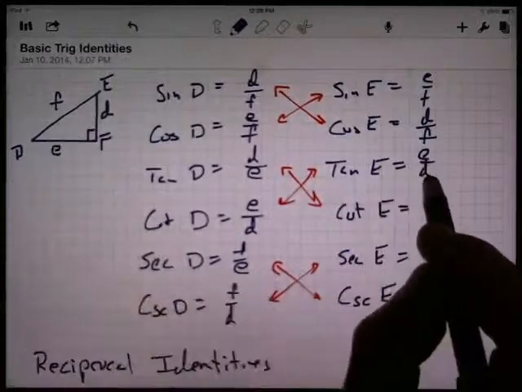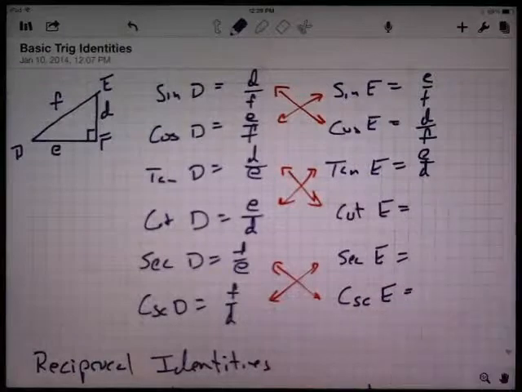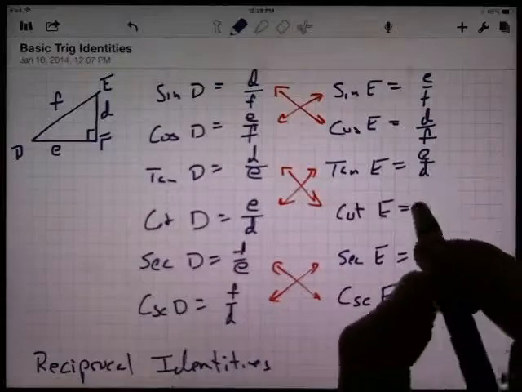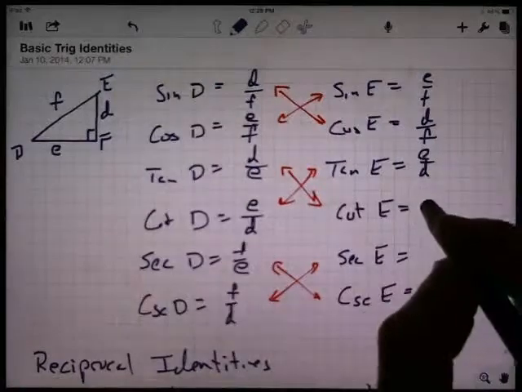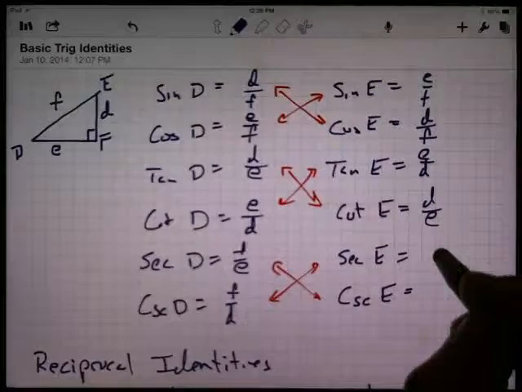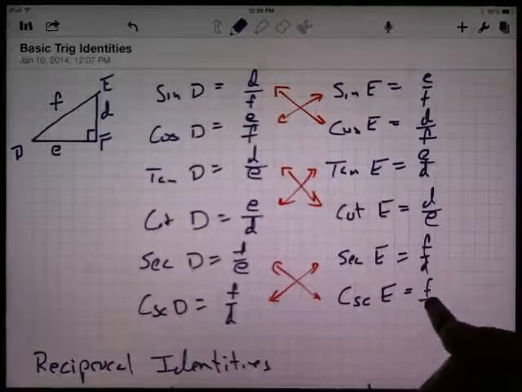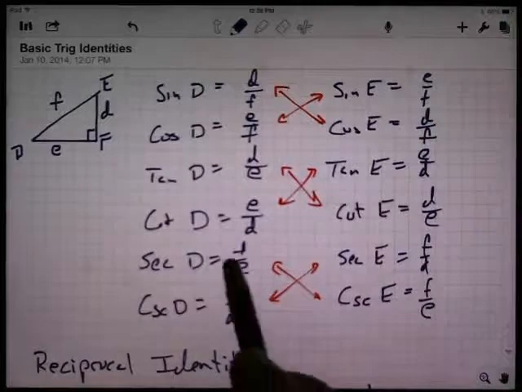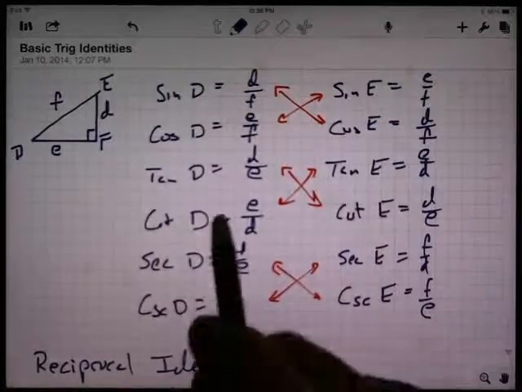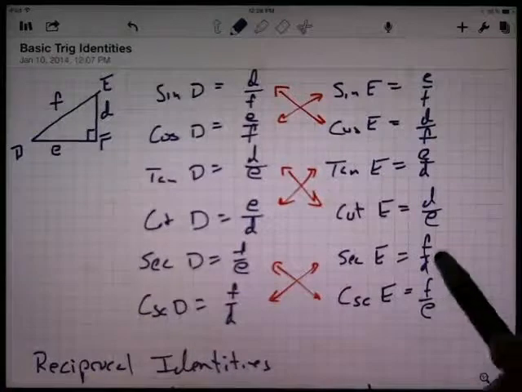Okay? It's still the same two sides, but we're just calling them different names because we're looking at them from the other side of the triangle. So the cotangent is D over E, this one is F over D, and this one is F over E. Once you know all the trig functions for one angle, you've got them for the other. You've just got to swap them around.